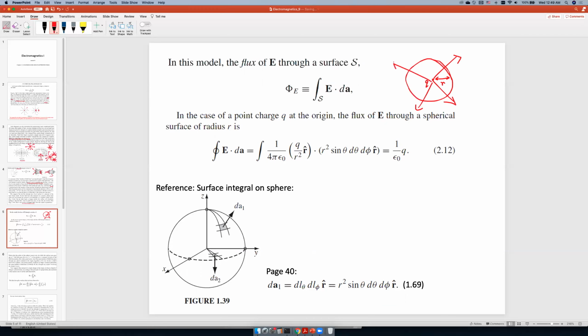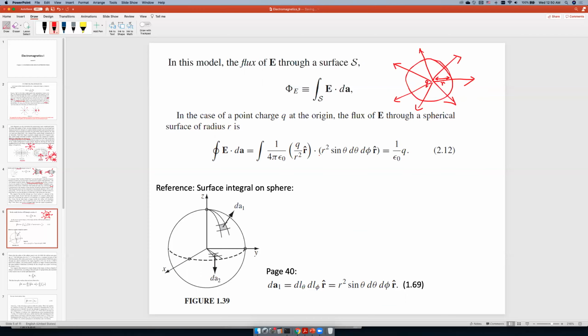It's a single charge's field lines. So it looks like that. If you calculate the flux, it's the integral of E dA. E is 1/4 pi epsilon 0 Q over R squared, and the direction, of course, is radial.